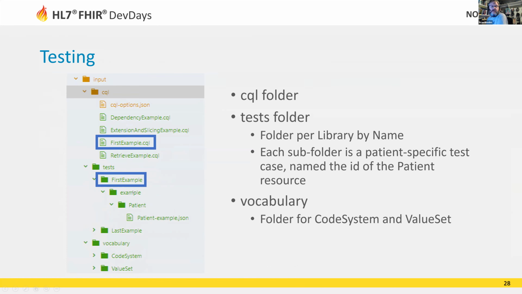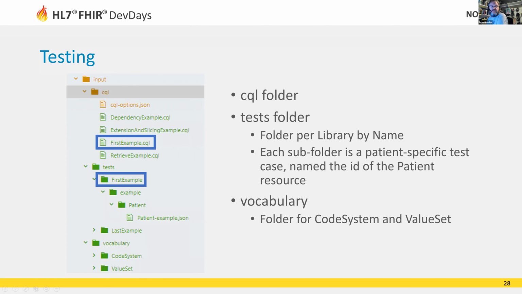Each folder in there is a test scenario, and currently it's based on patient. That's the only testing context that's supported. The patient ID is the name of the folder, and all of the resources in that folder are available to the CQL for that test case.